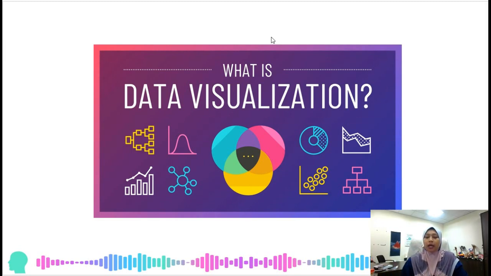So here's the thing. Human brains remember better when we see figures and graphs rather than when we read text. Bila kita nampak gambar, bila kita nampak graphs, we remember better, we understand better. For example, with COVID-19 cases, let's say the data is recorded in tables and we did not transform the data into readable figures, readable graphs.